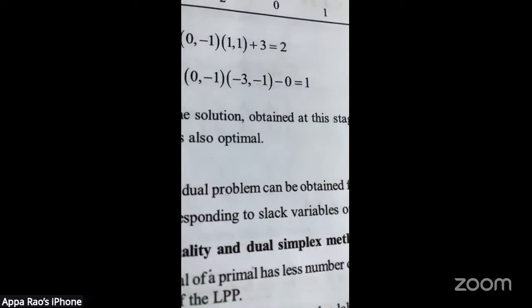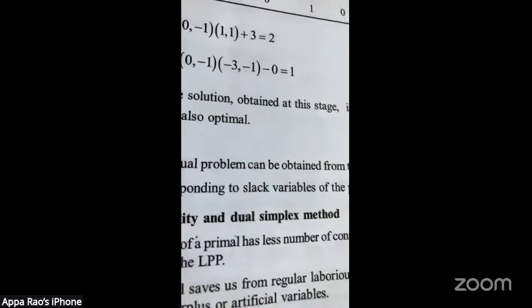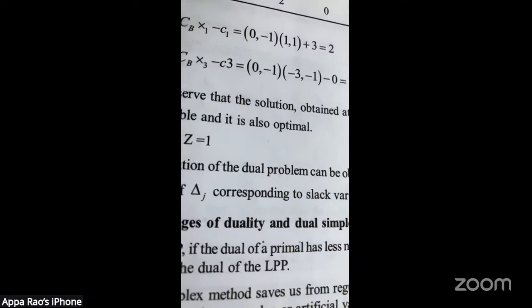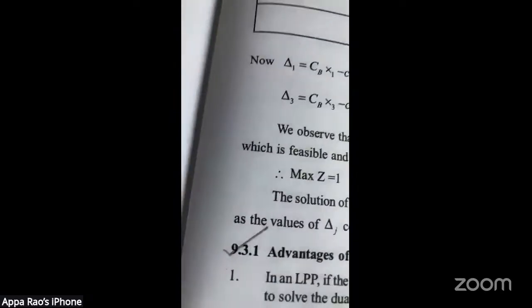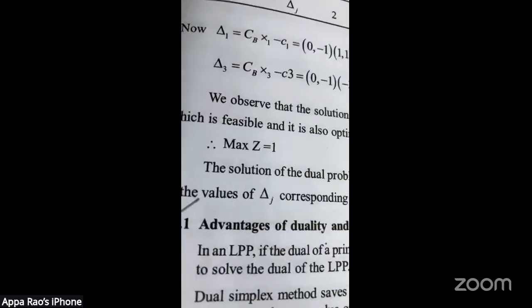So we observe that the solution obtained at this stage is x1 equal to 0, x2 equal to 1, s1 equal to 0, s2 equal to 1, which is feasible and it is also optimal. Therefore, max z equal to 1.